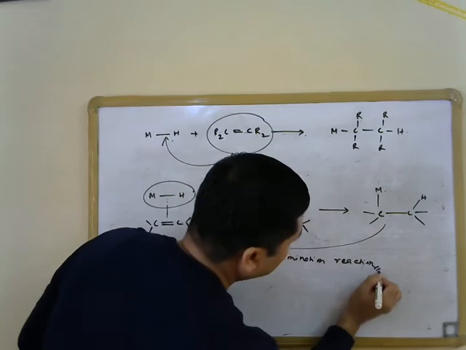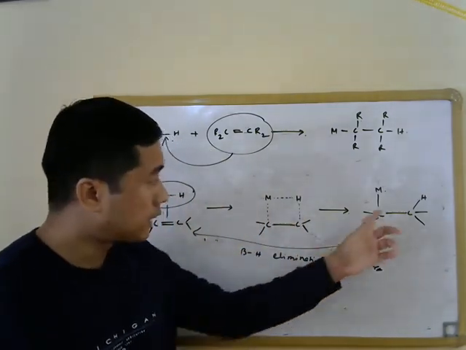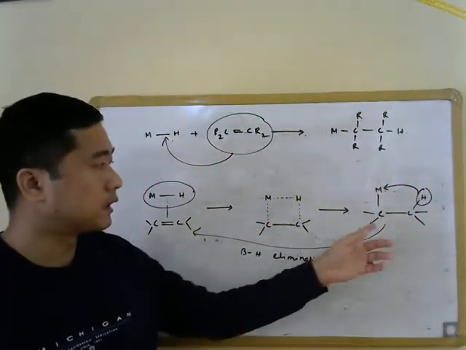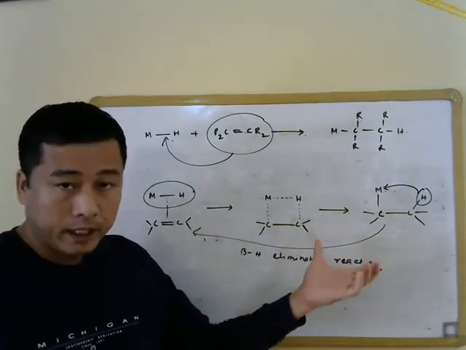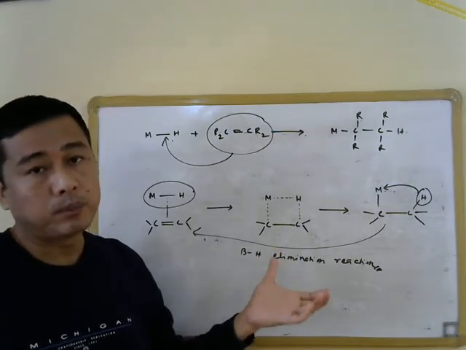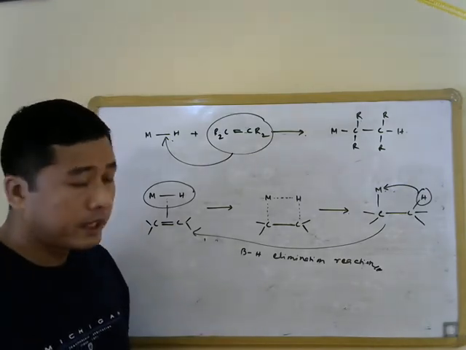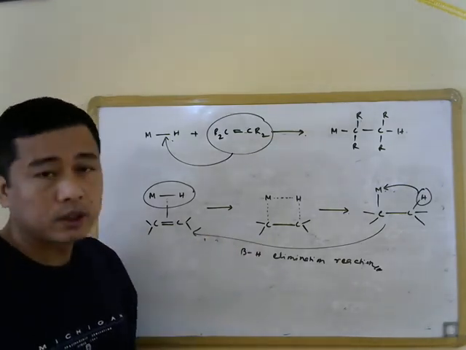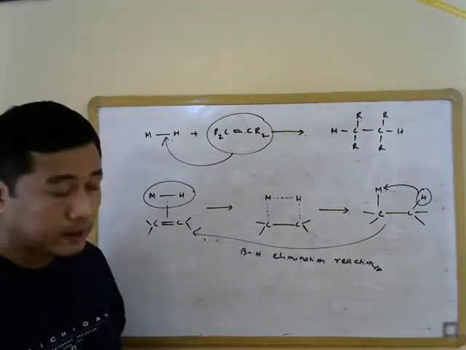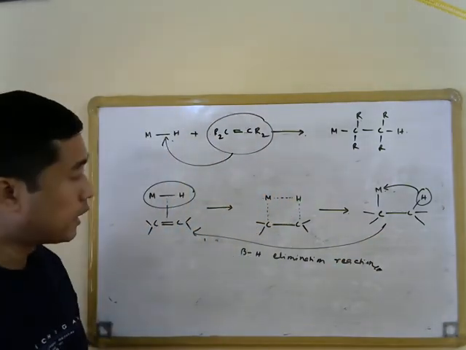We already learned about the reverse reaction, that is the beta hydride elimination reaction, where a beta hydrogen atom essentially gets attached to the metal center in a metal alkyl complex, and this is the primary mechanism through which metal alkyl complexes decompose, and we have also learned in detail about the pathways through which we can block this beta hydride elimination in metal alkyl complexes, and that is how we can stop the decomposition of metal alkyl complexes.